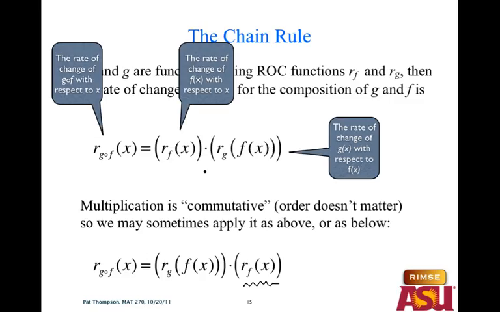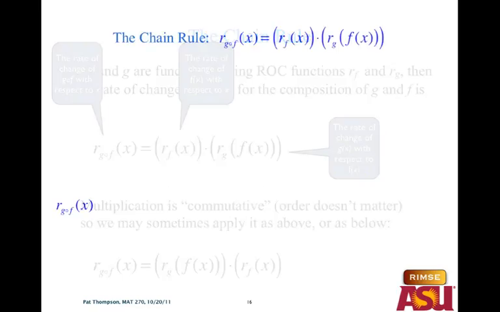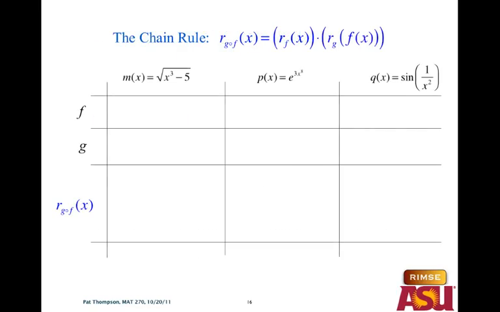Okay, so let's go back to our function m and apply this now. We had f was x cubed minus 5, and g was square root of x. To start, we'll do it in the order of the idea.